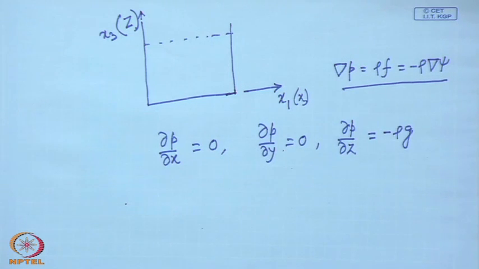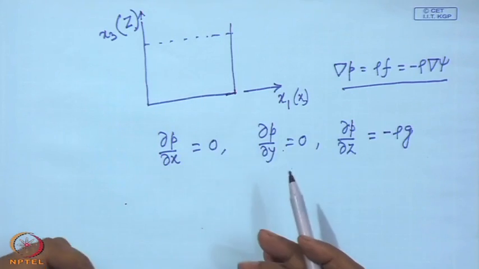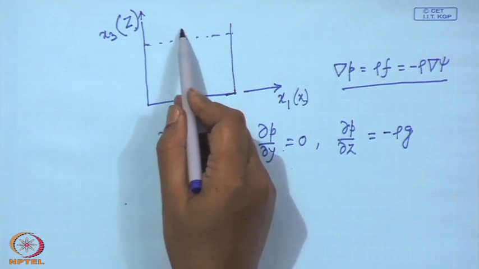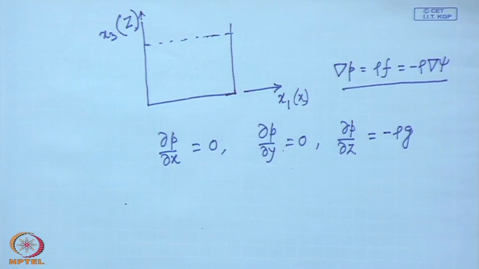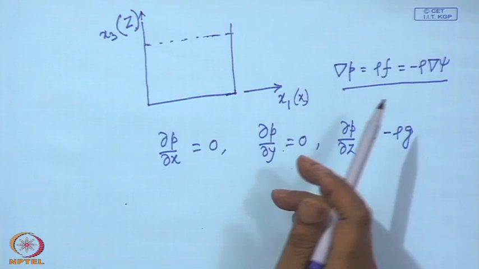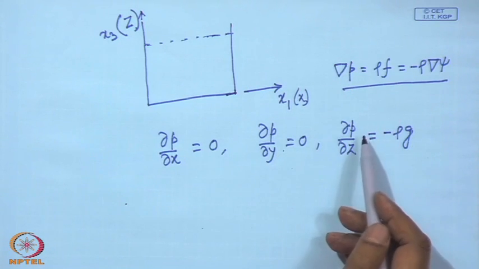You can get the pressure very easily, the hydrostatic pressure, which is simply rho g z plus a constant, and that constant is actually the pressure at the free surface. So, this is the simplest possible application, and as you can see the level surfaces are the horizontal planes, for pressure as well as for psi.